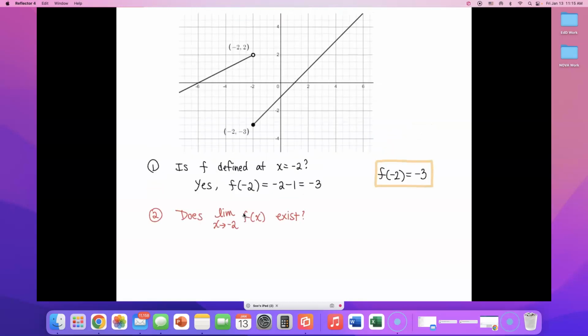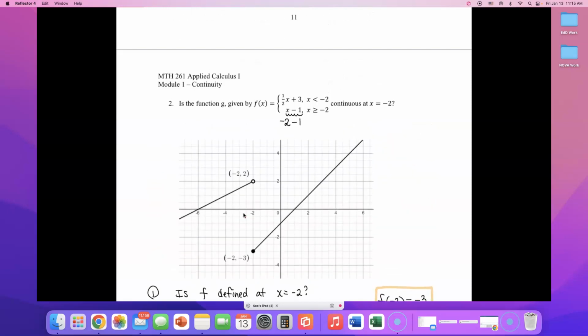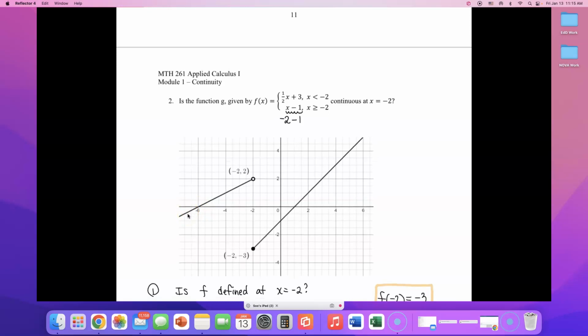So let's find that out. Well, this is a piecewise function. If you look at this graphically, and we're going to have to do this algebraically, but if you look at the graph of it, the left piece right here, as this is approaching -2 from the left, is going up to +2, right? It's going up to +2.